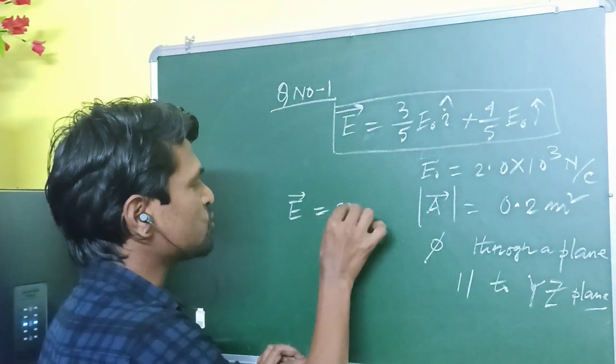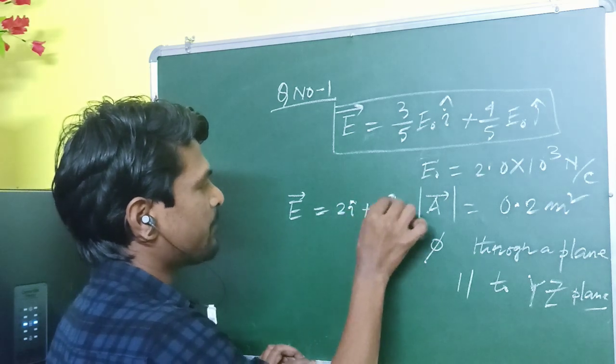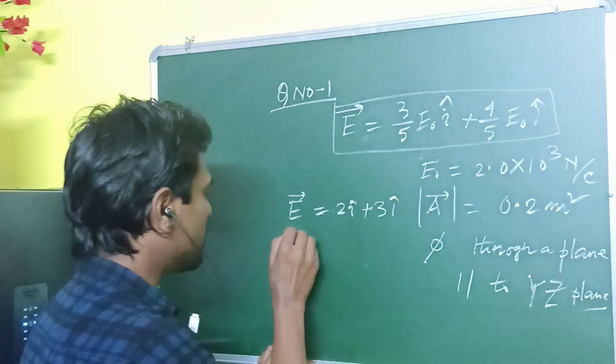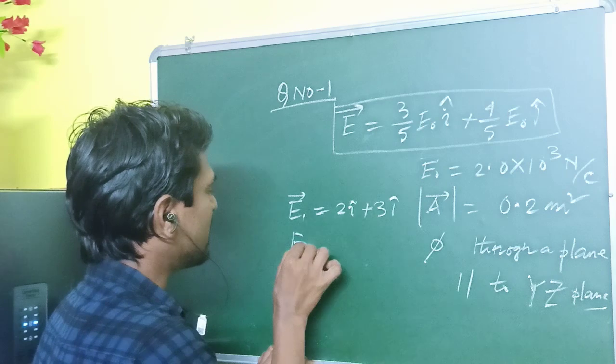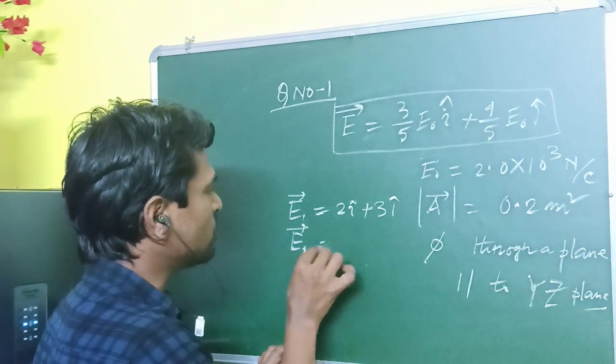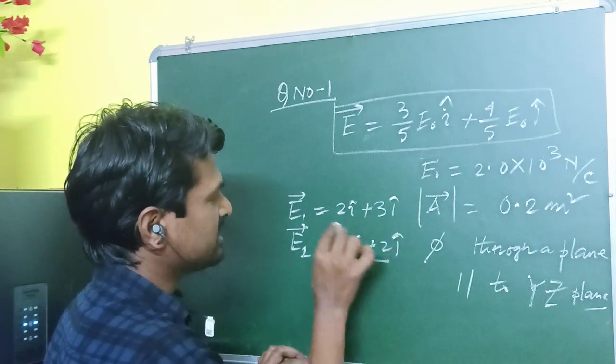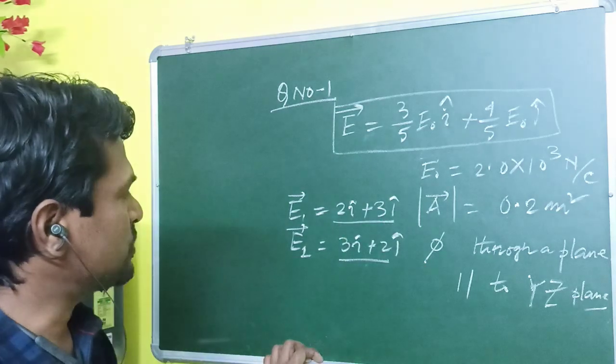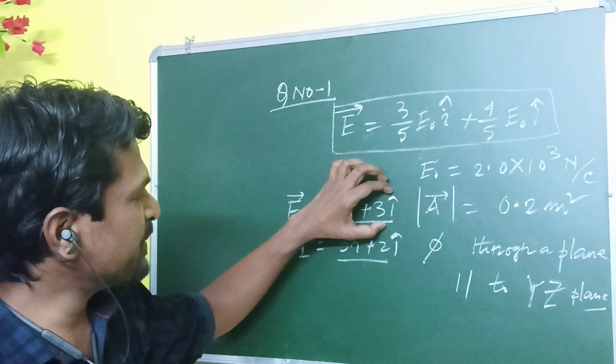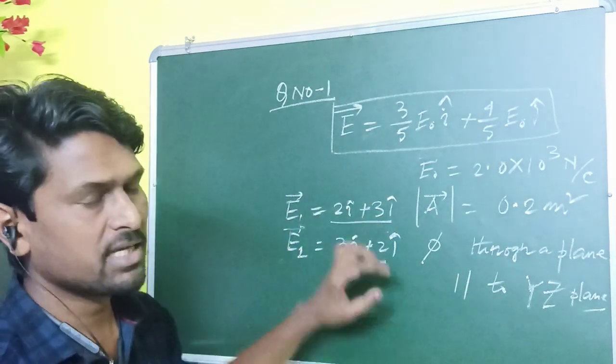Suppose E vector equals 2 i cap and 3 j cap, and another boy takes a different vector E2 equal to 3 i cap plus 2 j cap, then the arrangement is different for that electric field. So this is one vector space and this is another vector space.